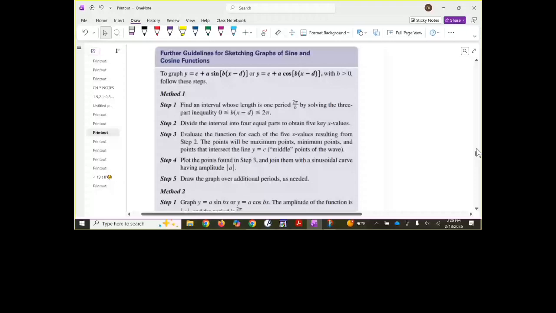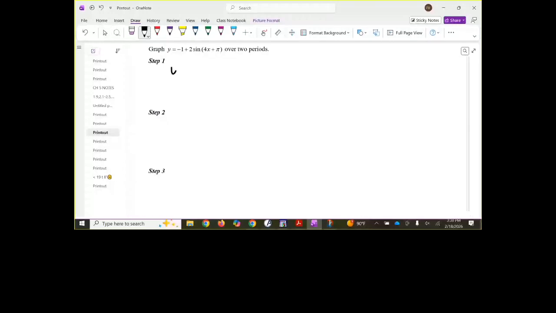So look, let's try a problem like this one here. All right, so y'all, step number 1, I'm going to rewrite my equation. I'm going to write it like this. Y equals -1 plus the sine of, y'all, I want to make sure that the number in front of my x inside my parentheses is a 1.